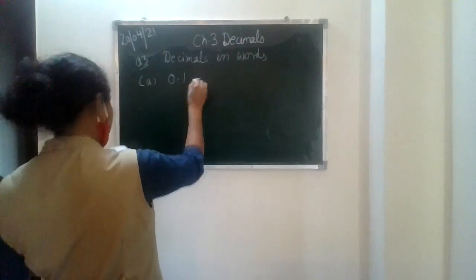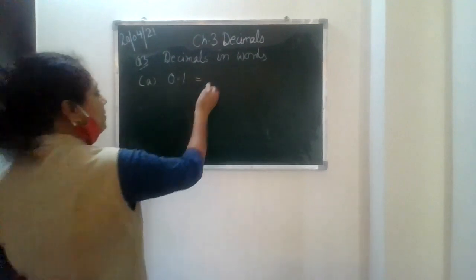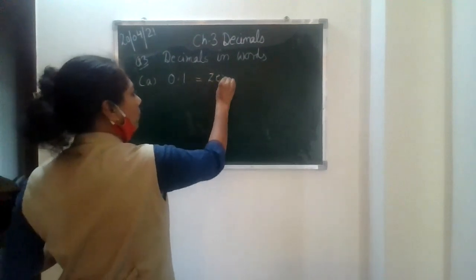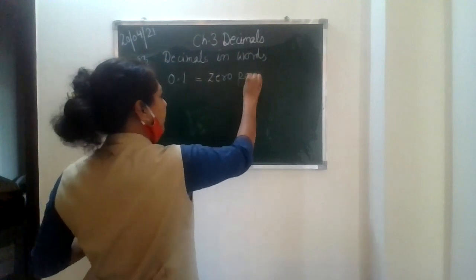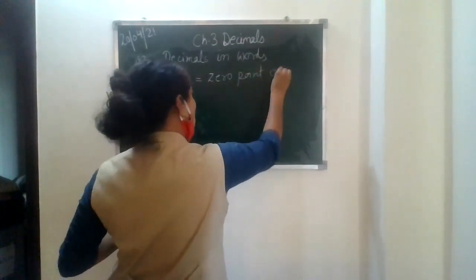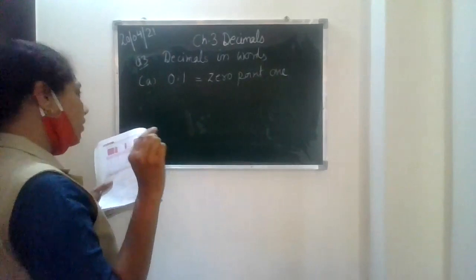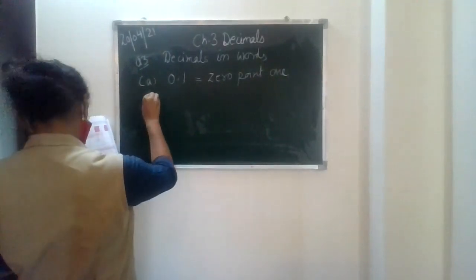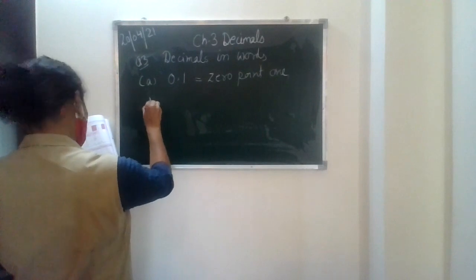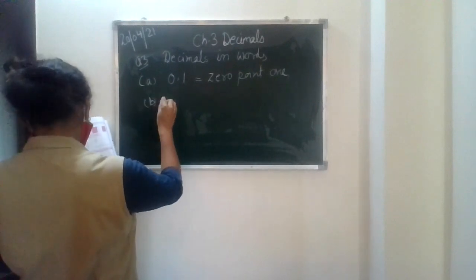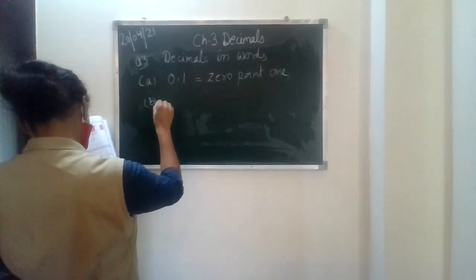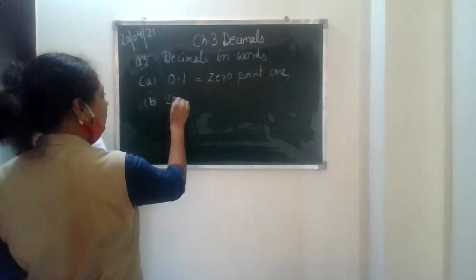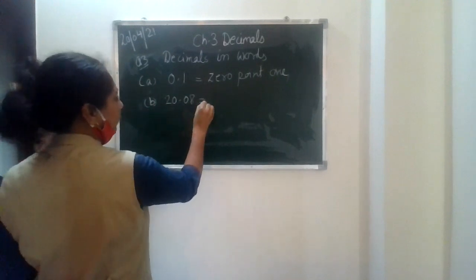The first part is 0.1. The way I'm saying it, it can be written as 0.1. Okay. Or B part, that is 20.08.